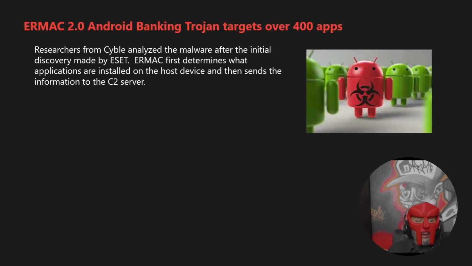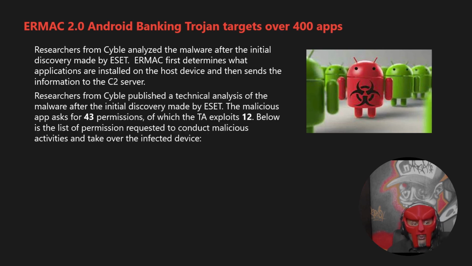Researchers from Cyble analyzed the malware after the initial discovery made by ESET. ERMAC first determines what applications are installed on the host device and then sends the information to the command and control server. Researchers from Cyble published a technical analysis of the malware. The malicious app asks for 43 permissions, of which the TA exploits 12.